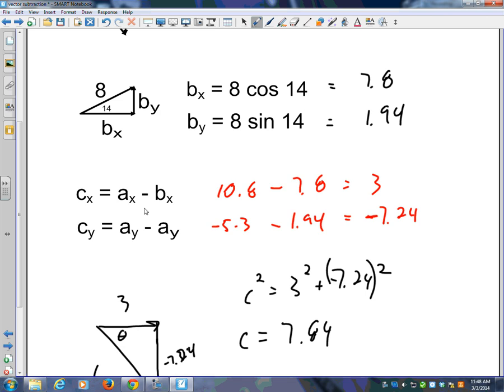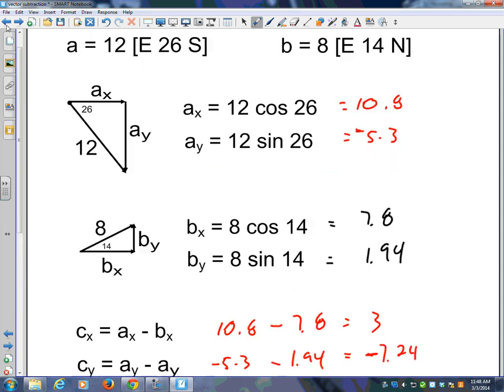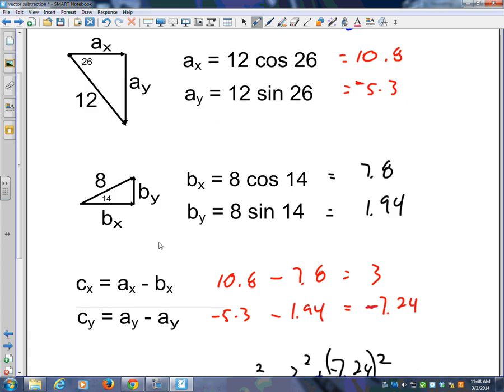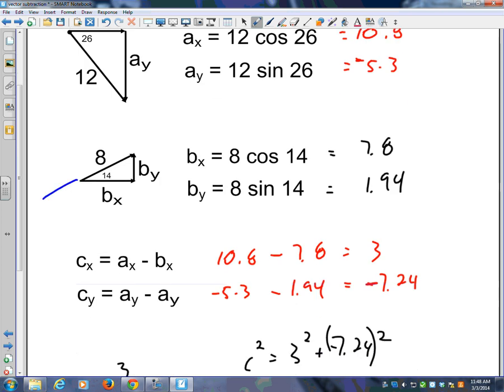Now, if you stop and you think about it, could we have done, because remember what I said when we did vector subtraction in grade 11, was that you had to change the direction, right? So this would be west 14 south. All that would change down here would be, instead of this way, it would be that way.